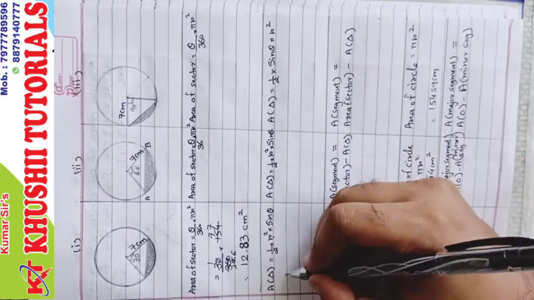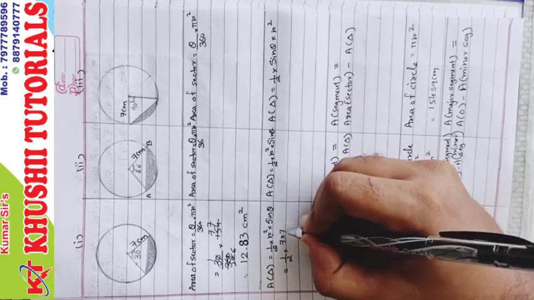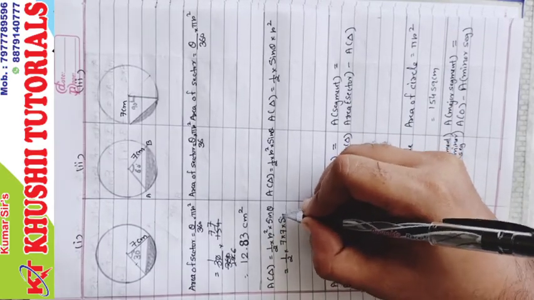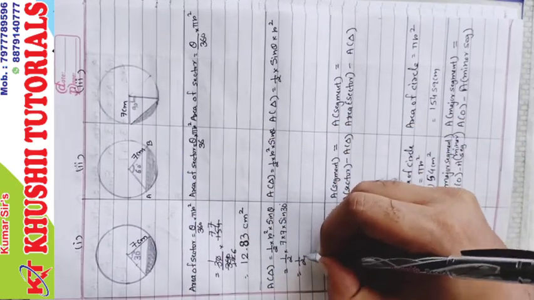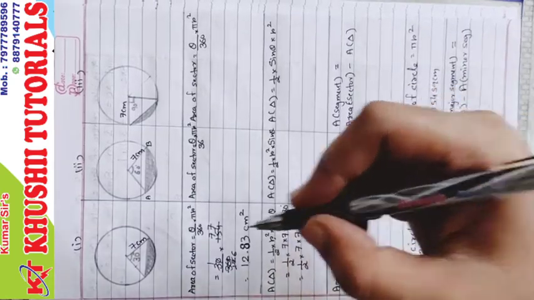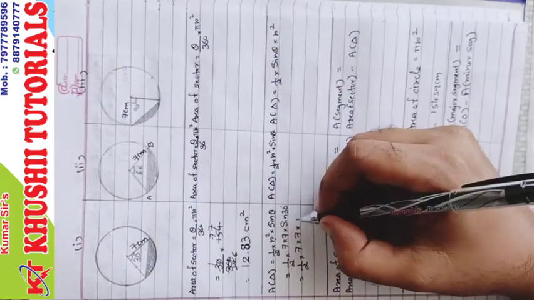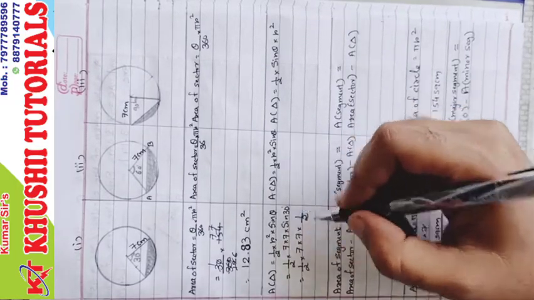Anything will do. So half into radius square, that is 7 into 7, into sine theta. Theta is 30, sine 30. Now in trigonometry you should know the value of sine 30. You know sine 30 is half.